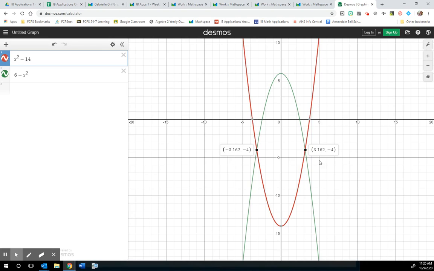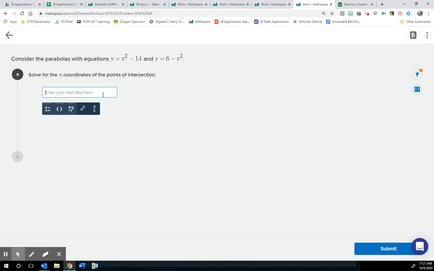All right, so now again, I'm looking at these decimals and I'm remembering, just like in question 10, usually Mathspace likes exact values rather than decimals. So I'm going to try to put these in because I'm not sure what 0.162 is as a fraction, or maybe it's a non-terminating decimal that there's more to it than that. So I'm going to try those x values first.